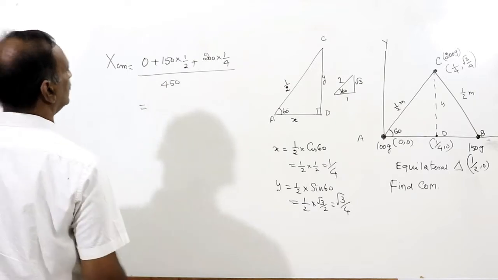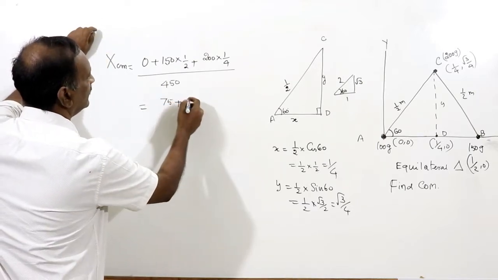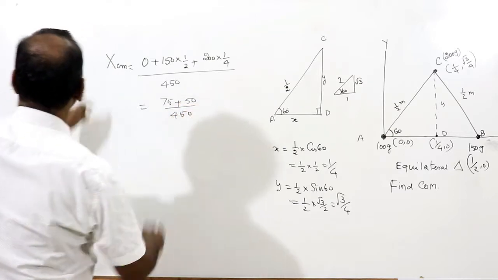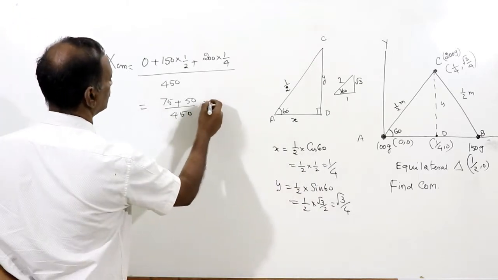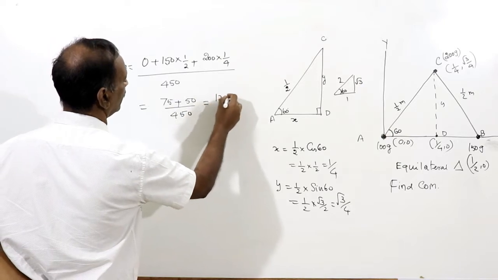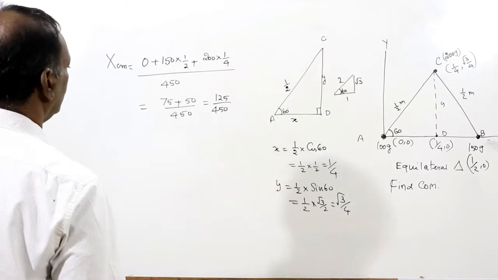So this is equal to 75 plus 50, divided by 450. This is 125 by 450, which comes out to be 5 by 18.